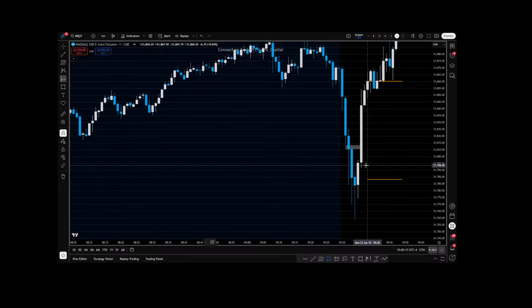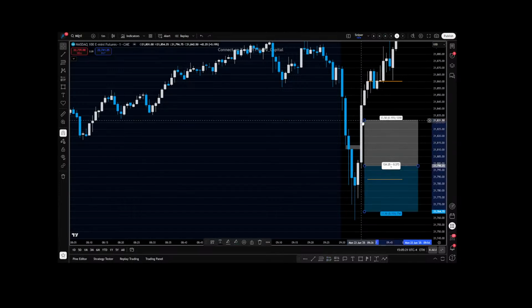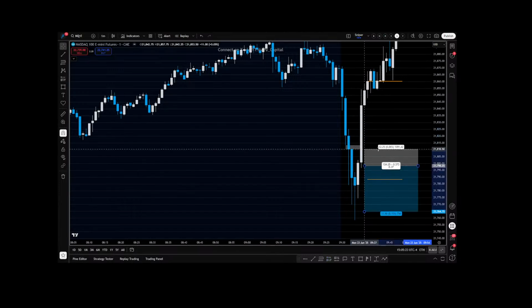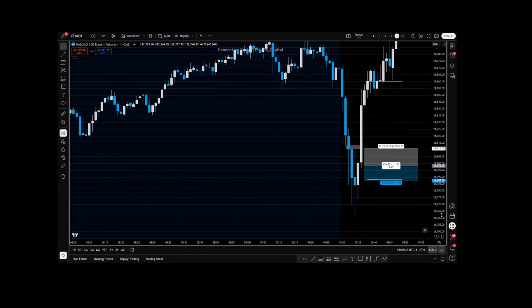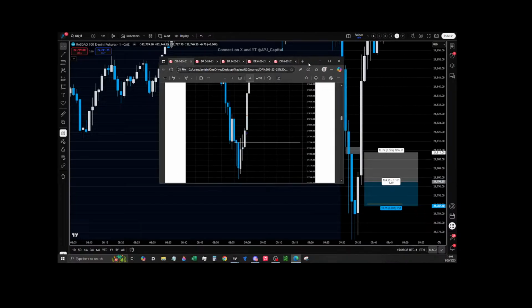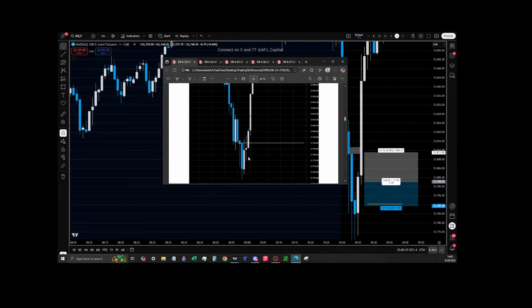So with an entry of about 808, or excuse me, 798, and a TP just above 810, this is what the trade looked like. I had my stop within the 30-second order block. If you wanted a better risk reward, you could go within this 1 minute order block, but my stop was right about here, mean threshold of this last 30-second order block.